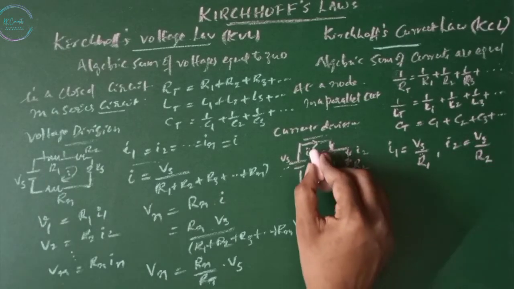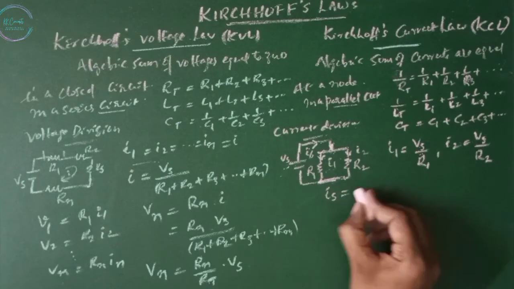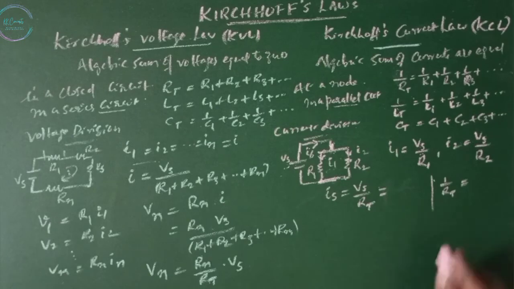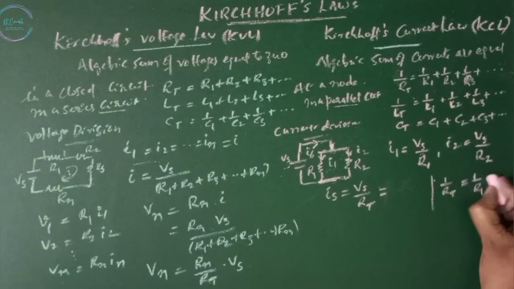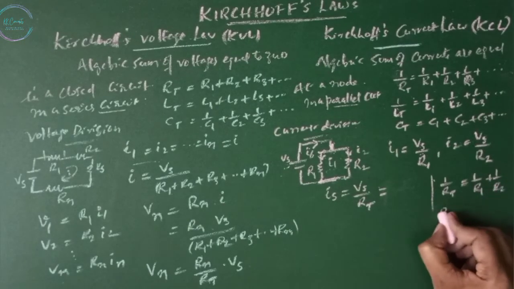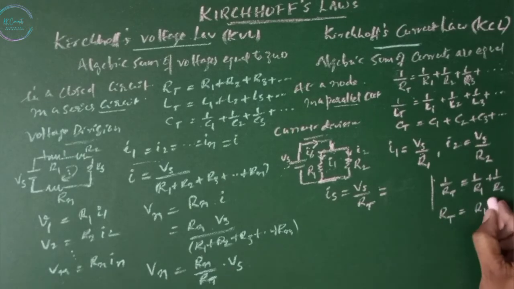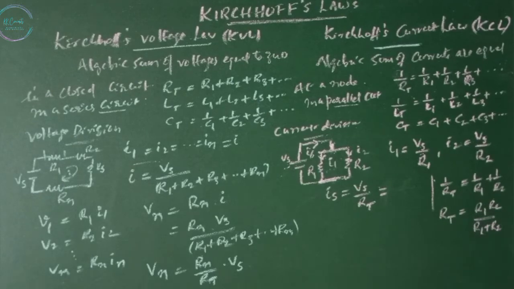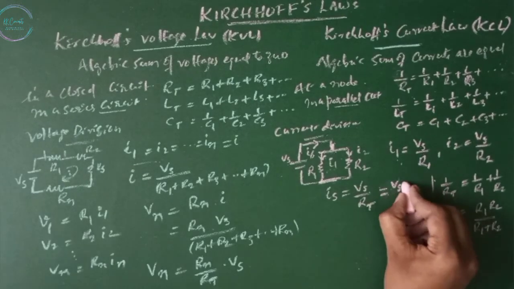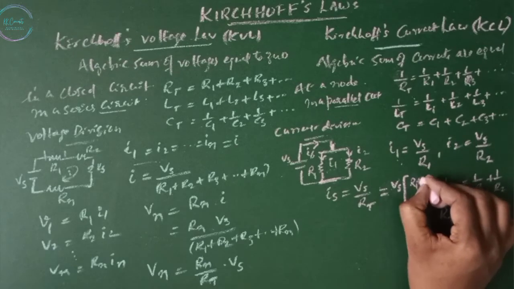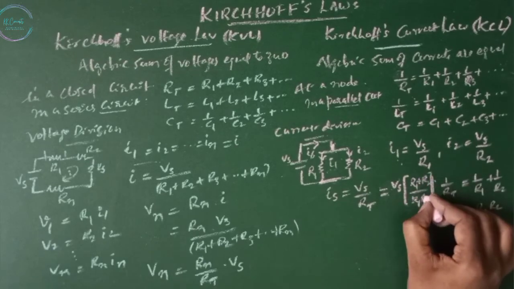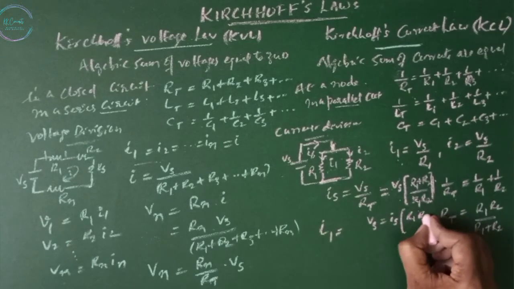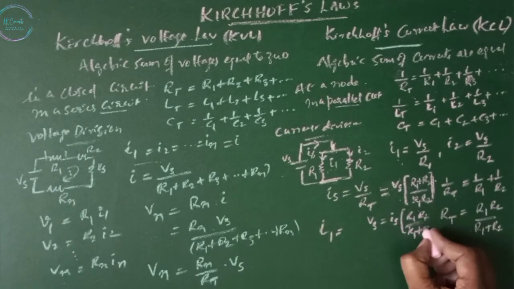The total current Is is given by Vs by R total. 1 by RT equals 1 by R1 plus 1 by R2, so the total resistance RT equals R1 R2 divided by R1 plus R2. Substituting this, Vs equals Is multiplied by R1 R2 divided by R1 plus R2.